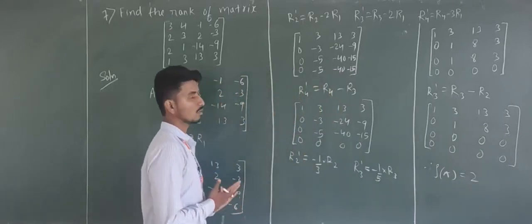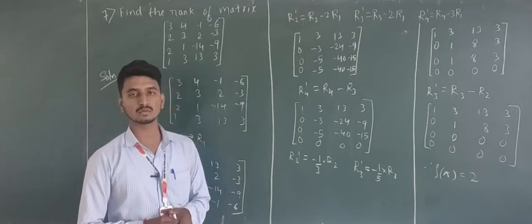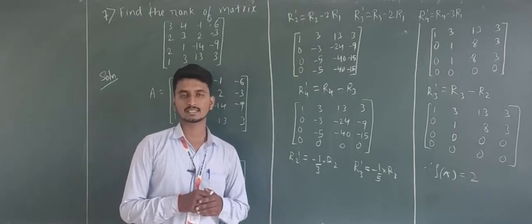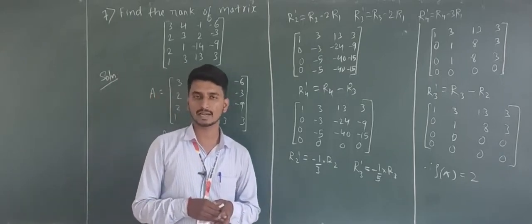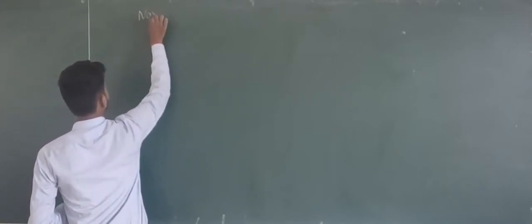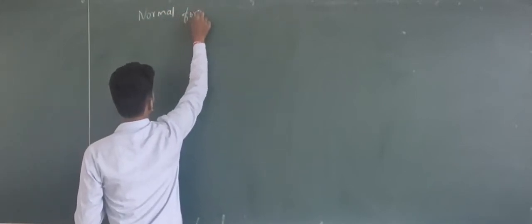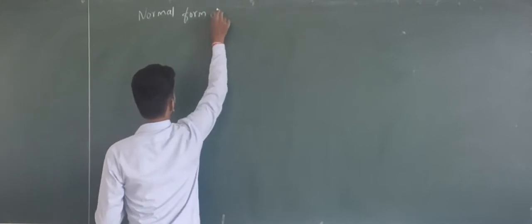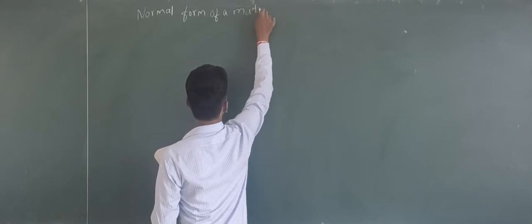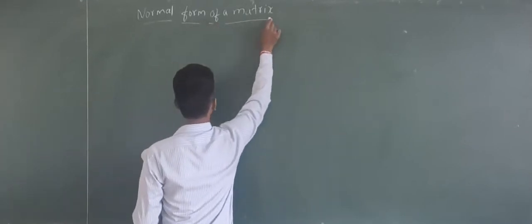So this is about how to find the rank of the matrix. Next we will study the canonical form or orthogonal form of a matrix, or the normal form of a matrix.